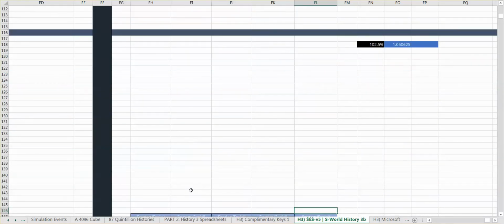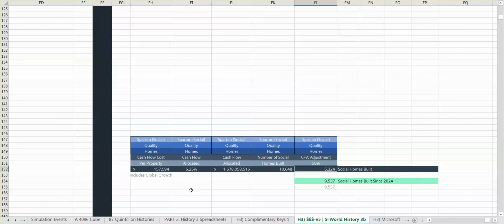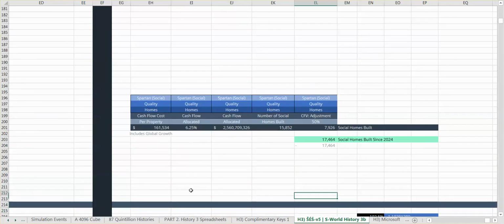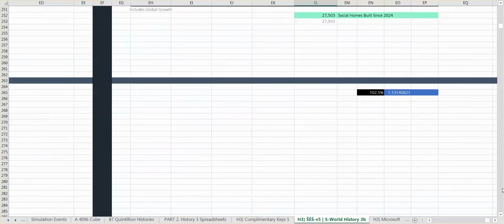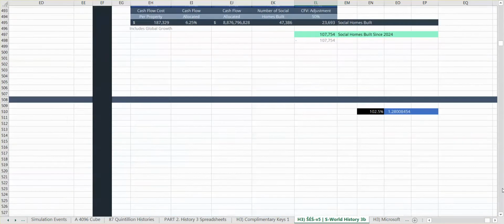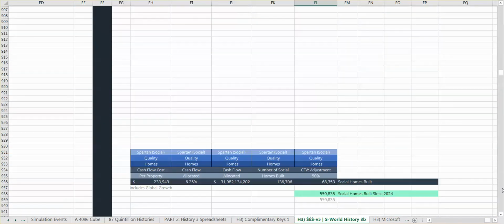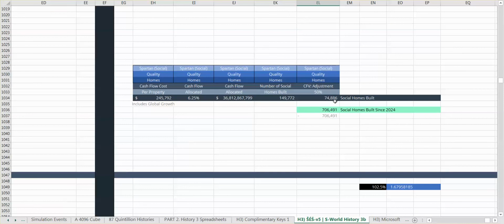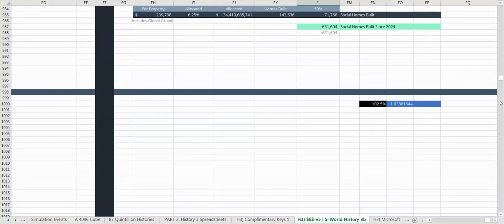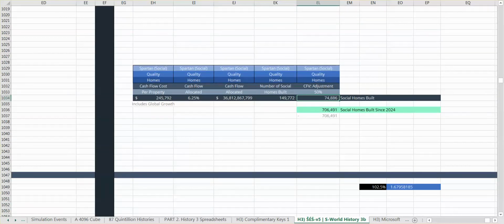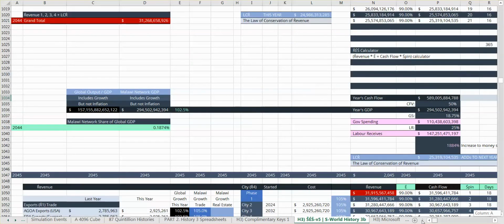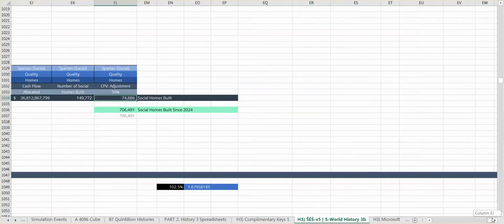So let's just start going down, and we can see this year 5,000. That's added to the 9,000 that's already built. 17,000 now. 7,000 a year. Okay, and look, we just carry on going all the way down. Now we're at 74,000 homes built in what year? Doesn't say. I'll have to go all the way over to the left. 2045, 2044.